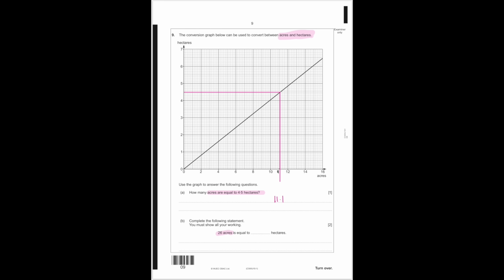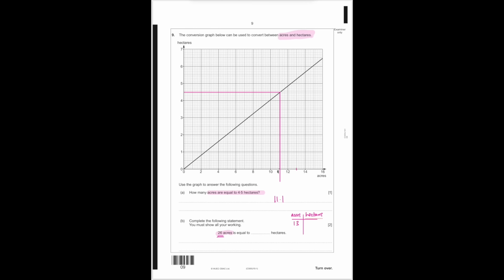So we can read from our graph, but then scale up to find 26 acres. So what I'm going to do, guys, is a little proportion table. So if we're doing acres and hectares, half of 26 is 13. So I'm going to read off my graph and find out what 13 acres is in hectares and take it from there. So where would 13 be on this graph then?